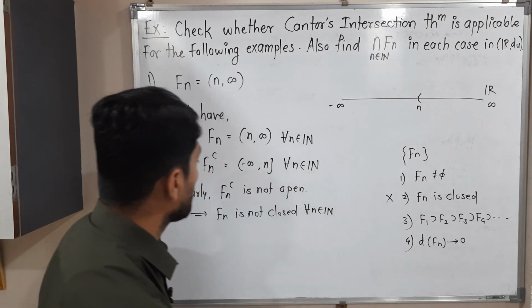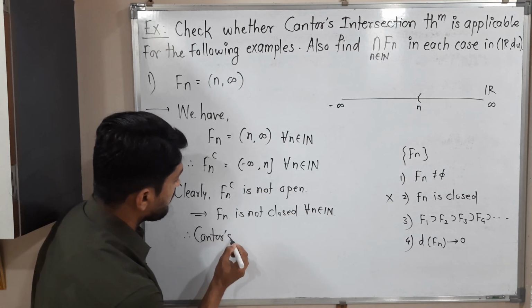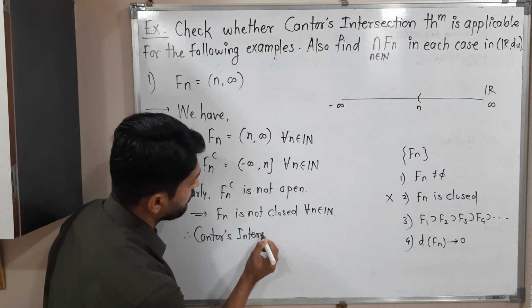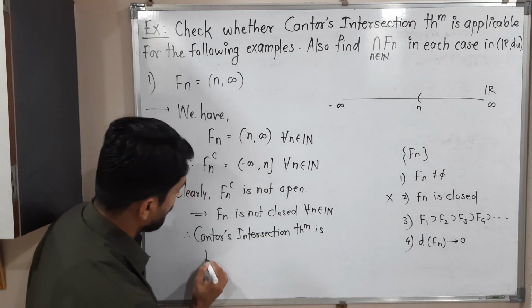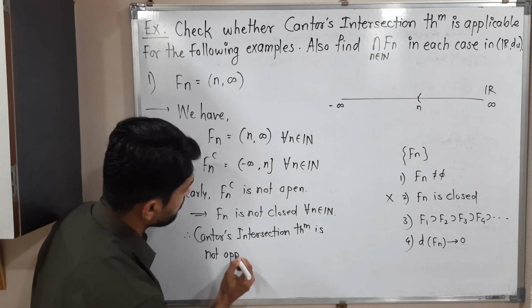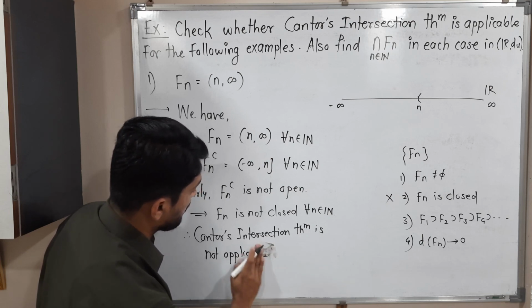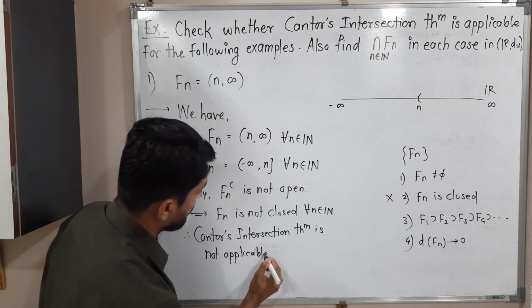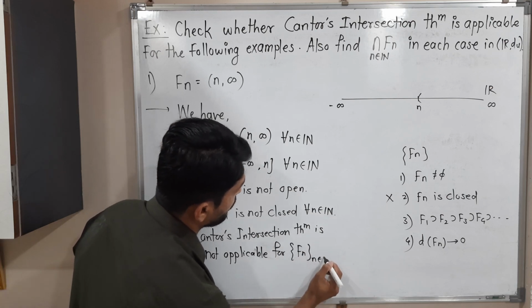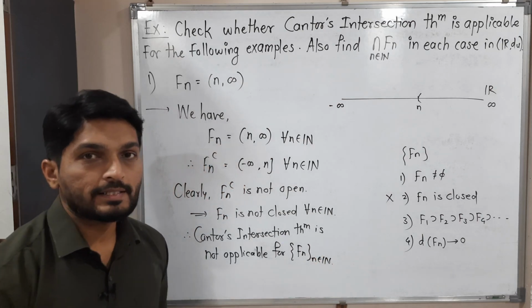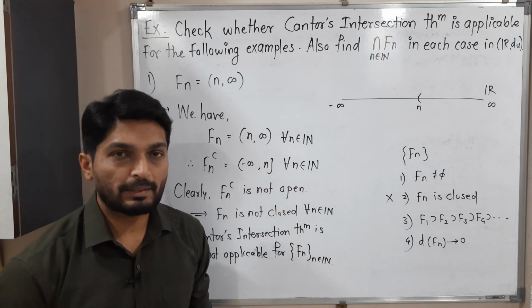Let me mention clearly: it is not closed, therefore Cantor's intersection theorem is not applicable for this sequence of sets Fn, n belonging to the set of natural numbers. So we got the answer to the first question: it is not applicable here.